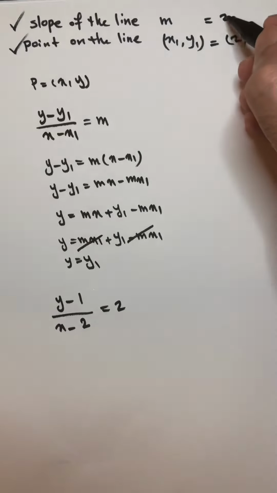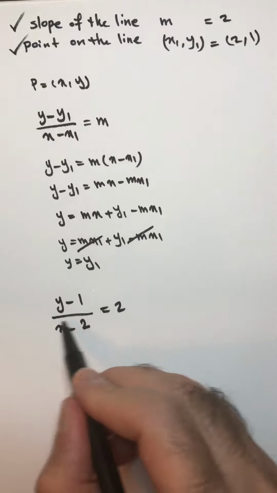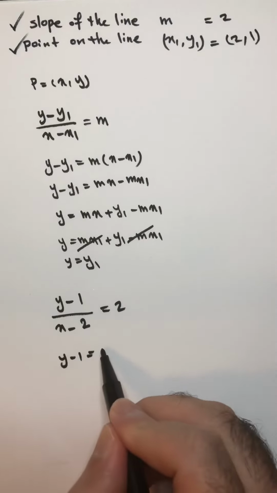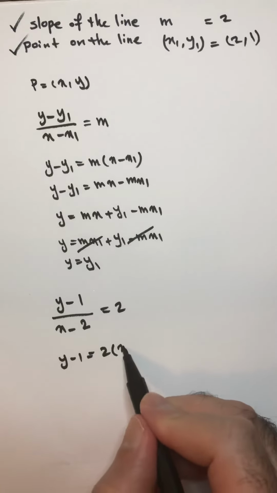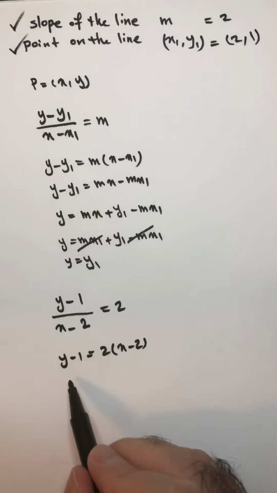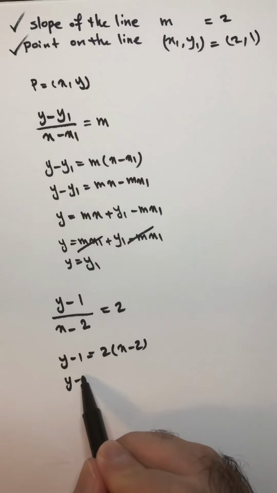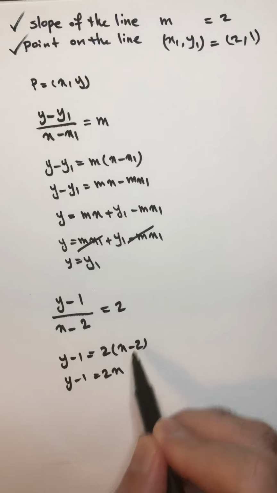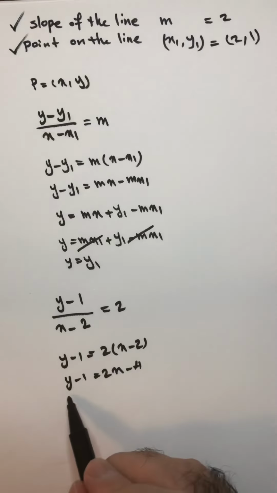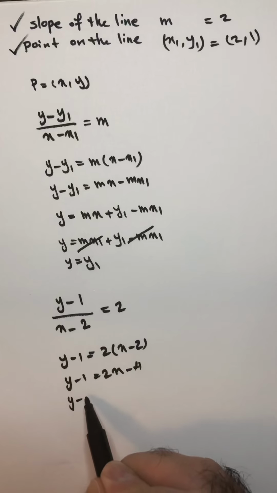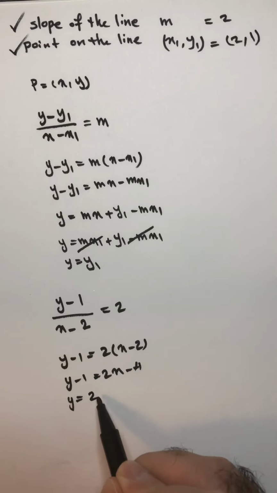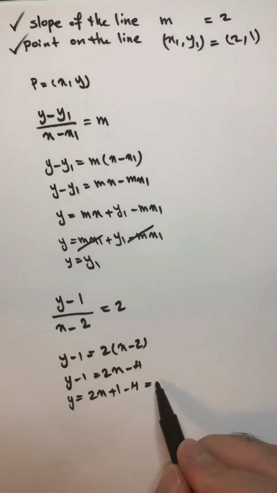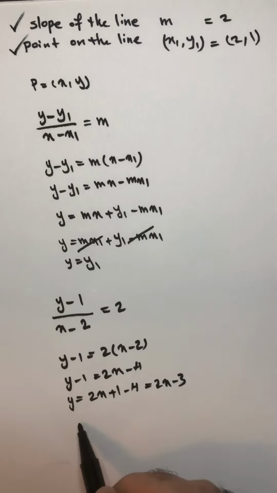And this is the slope of the line, and the slope of the line is already given, it's 2, so we equate this to 2. So then we multiply x minus 2 by 2, so we have y minus 1 equals 2x minus 2, and we can write this as y minus 1 equals 2x. 2 multiplied by minus 2 is negative 4, and then we can write y equals 2x plus 1 minus 4, which is 2x minus 3.